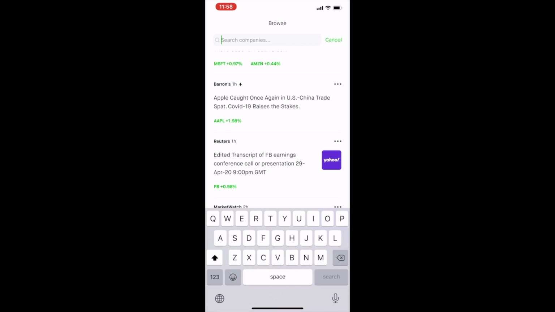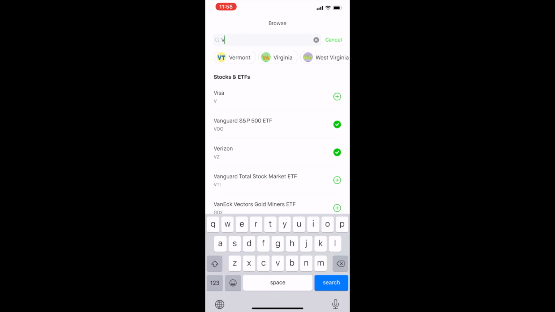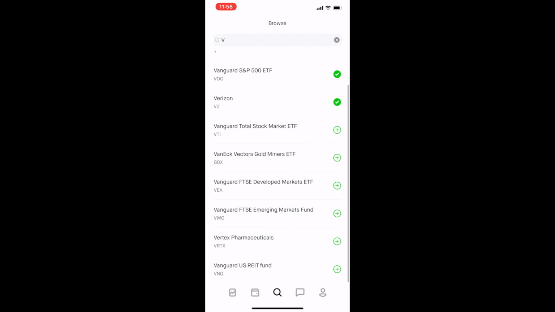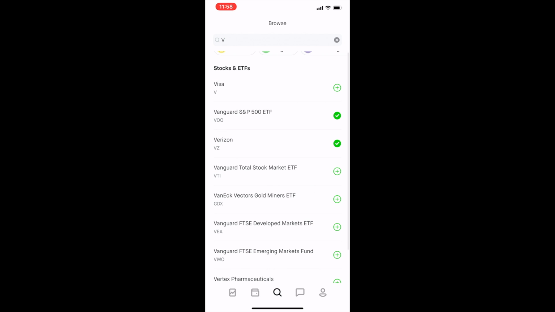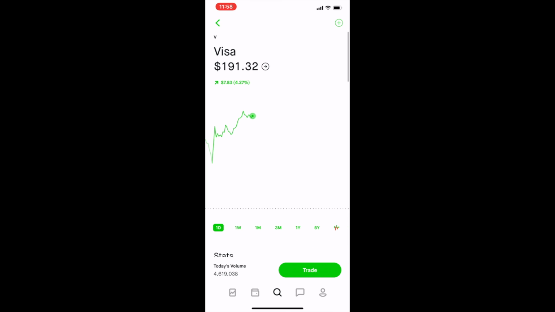If you don't have it in a list, you'll have that plus there and you can add it to a list, or if you already have it in a list, it'll have the check mark.